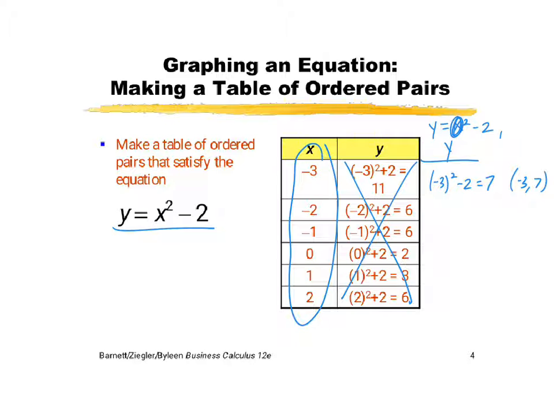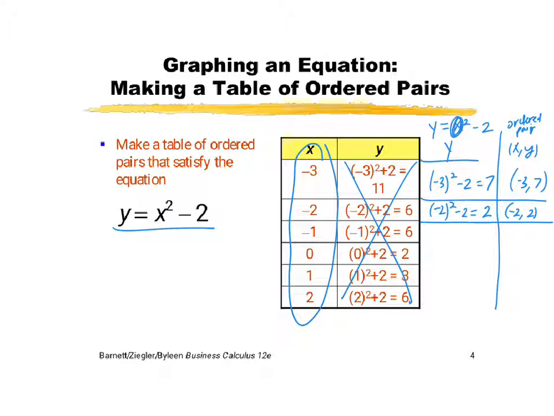Let's make this last column our ordered pair, our x, y coordinates. Okay, next we have -2. So if I take -2 squared and subtract 2, I'll get -2 squared, which is 4, minus 2. I'll have 2. And so the ordered pair for this, when x is -2, y is +2.